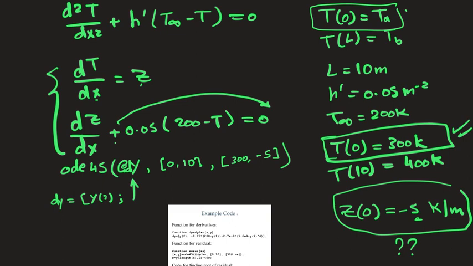The second is the differential equation dealing with the other variable, y1, which is T. The derivative is equal to minus 0.05 multiplied by 200 minus y1, which is T.